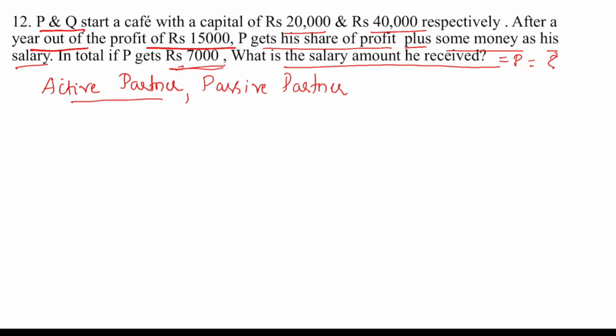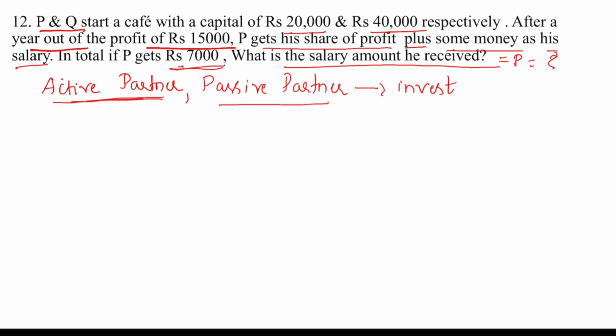An active partner is someone who will look after the business, who will run the business and look at everything about that business. Who is the passive partner? A passive partner is someone who will just invest the money. He will not work in the business. He will just invest the money and keep quiet.